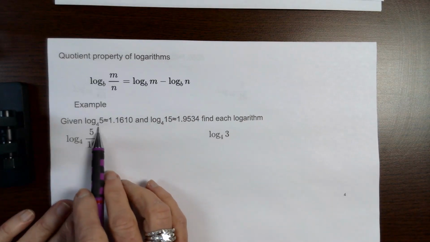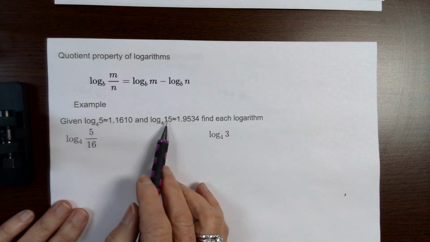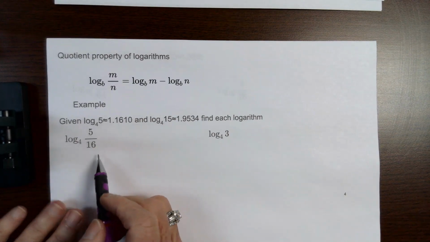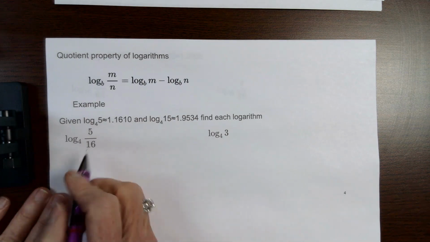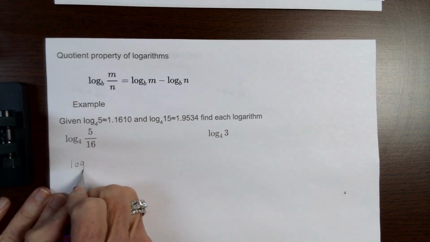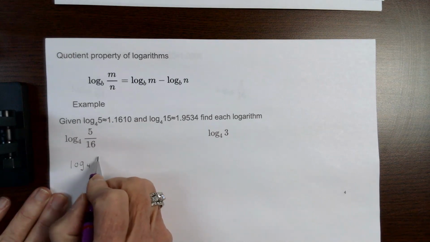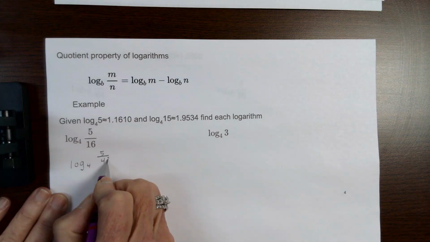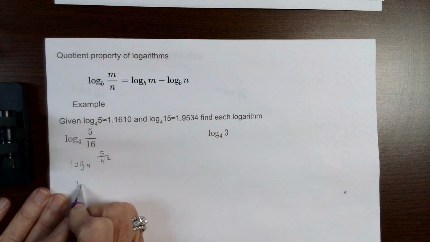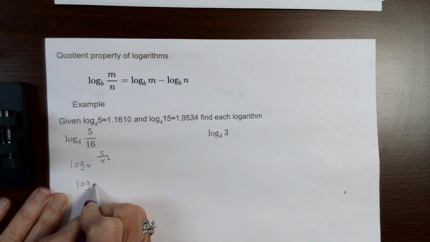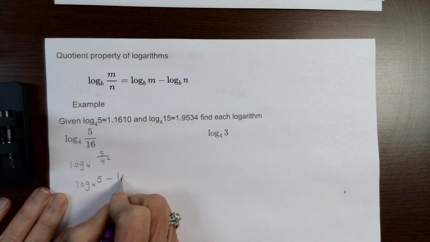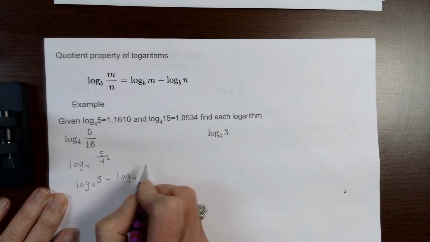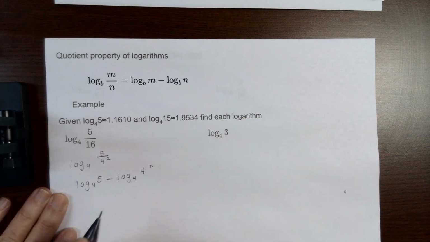They give you the log base 4 of 5 and the log base 4 of 15. So you're looking here and you go, well, that can be written as the log base 4 of 5 over 4 squared. So when I write it out as subtraction, I have the log base 4 of 5, which I know the value of, minus the log base 4 of 4 squared.